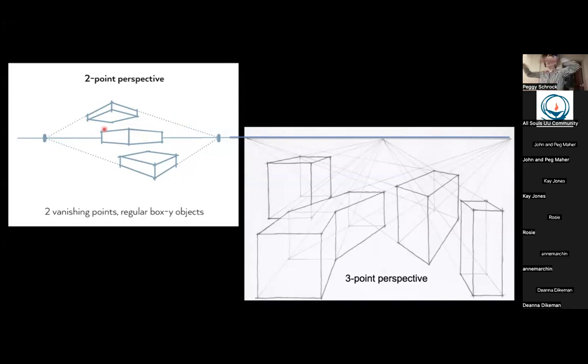So imagine that you're looking out and you see the horizon line. If there's something above that, then from your point of view, you're looking up at it. And if there's something below it, you're looking down at it. And if it's right on that horizon eye level, then you're looking straight at it from the side. This is really just a recognition of how we see. It's a scientific way of reproducing what our brain does every time we look out at the world. Our brain knows how to read these things. We can read when something's up high and down low, but your brain is making all these calculations.